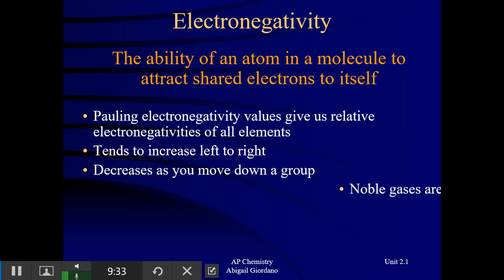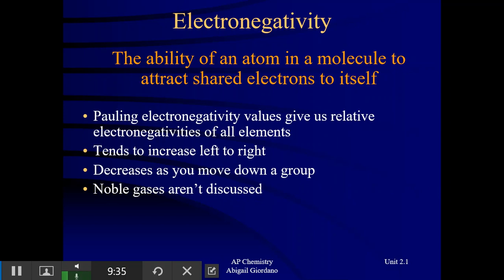Now, we ignore the noble gases because they don't tend to form bonds with anything. Some do, but most don't. So ignoring the noble gases, fluorine is your most electronegative element. It attracts electrons more than any other element on the periodic table. At the other extreme, in the lower left, francium is the least electronegative.